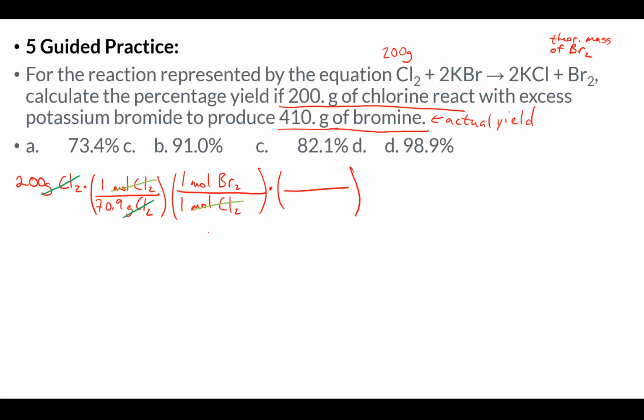Bromine has an atomic mass of 79.904, so Br2 has a molar mass of twice that, 159.808 grams of Br2 per mole of Br2. We got that from the periodic table. It's just the atomic mass of bromine times 2.